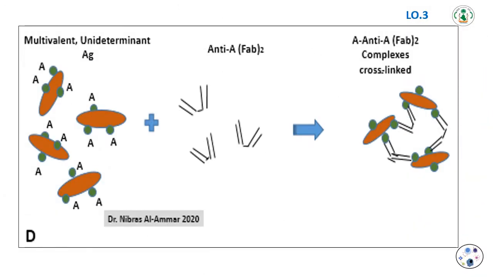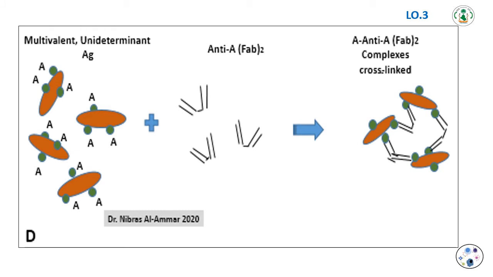Here we have the multivalent unideterminant antigen binding with anti-A, but with two Fab bound to each other, as a result of proteolytic enzymes, papain or pepsin, that cut these antibodies into anti-A Fab2 fragments.